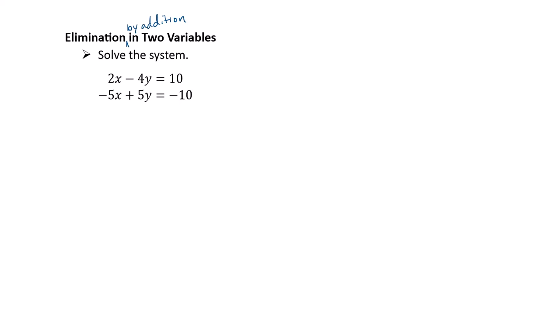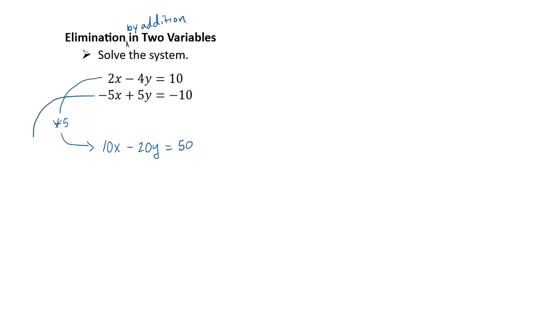Now, I'm going to pick these 2 coefficients to try and make them the opposites of each other. They're already opposite in sign. So what I'll do is I'll take this equation and multiply it by 5 to get 10x minus 20y equals 50.